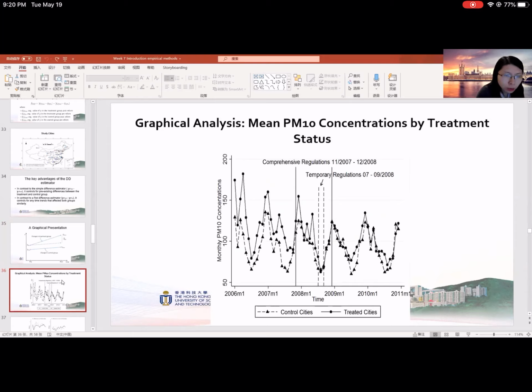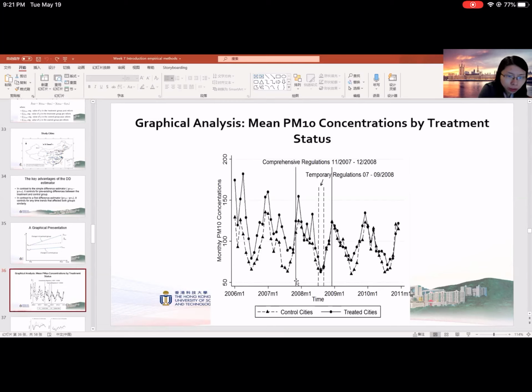This was an illustration of the effectiveness of environmental regulation around the Olympics on PM10 concentration. What the figure is trying to show, I think, is that the treated cities were consistently more polluted than control cities in the pre-sample, but their difference pretty much disappeared after serious regulations were put in place due to the Olympics.